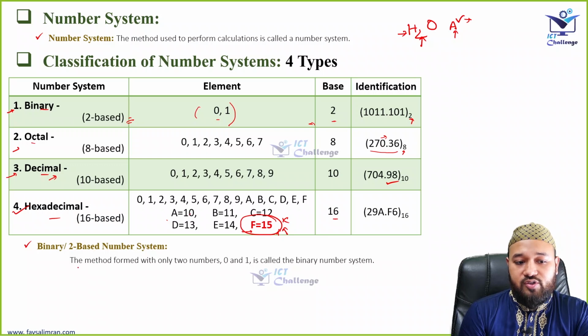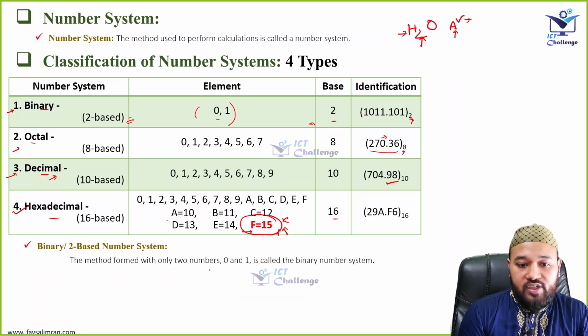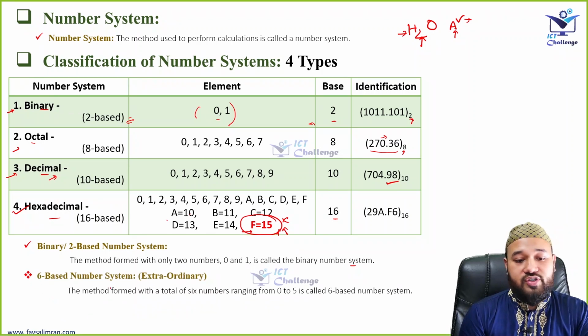For the explanation, you must know: the method formed with only 2 numbers, 0 and 1, is called the binary number system. Then there is an extraordinary question: you have to know the 6-based number system. In this table we don't have the 6-based number system.